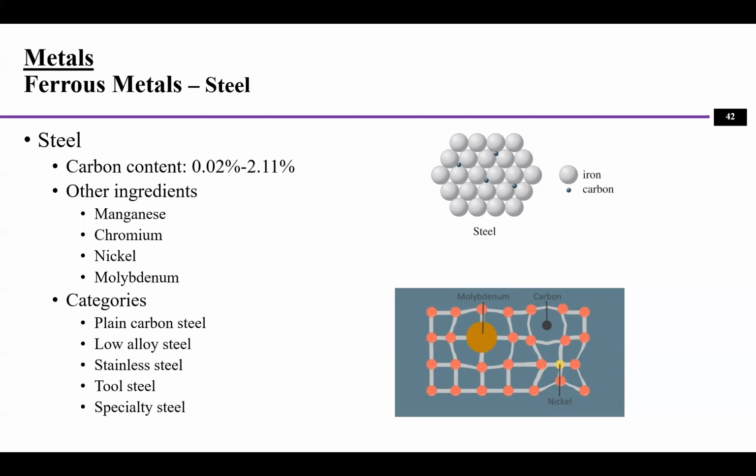The reason that we want to put other ingredients into the steel is because those elements can actually help to improve the property of steel, right? For example, chromium has really good wear resistance. If we put some chromium into the steel, then the steel will also show some wear resistance.